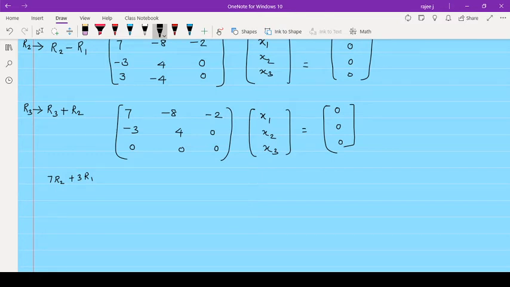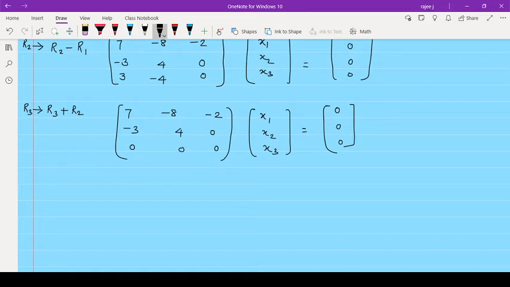This term becomes 0 and the others change correspondingly, and some number will come here. But that is not going to help us in any way, so I am not doing further simplification here. Only this one step, 1 or 2 steps, will do.